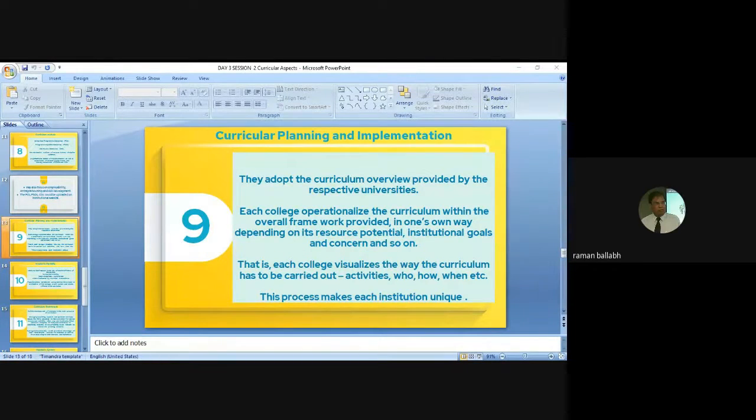Now, the HOD himself knows the subject, what his teachers are. He is a subject specialist. He can discuss with his teacher that since this topic you are teaching with the help of blackboard, why don't you teach it with the help of laboratory?